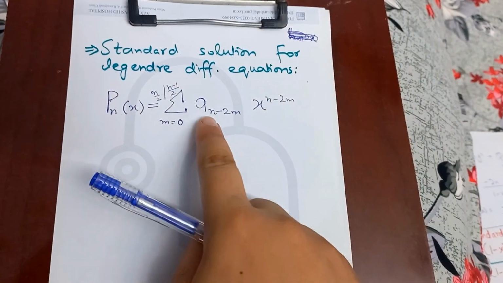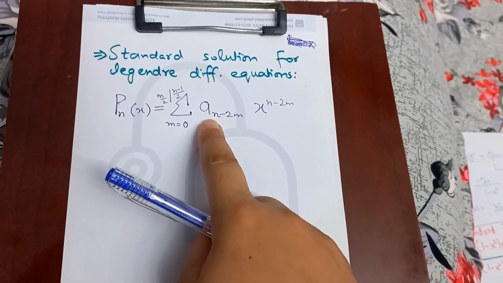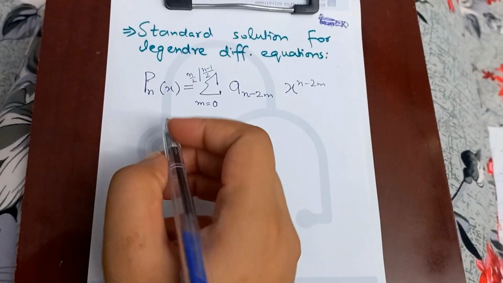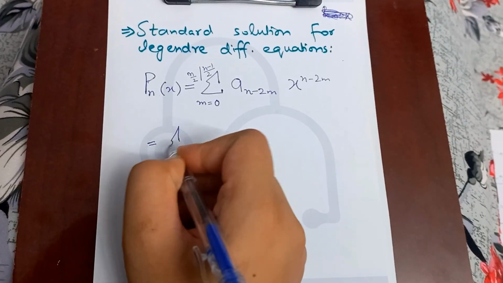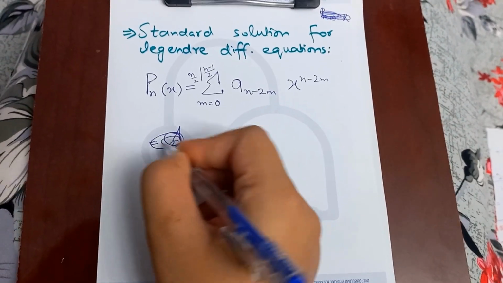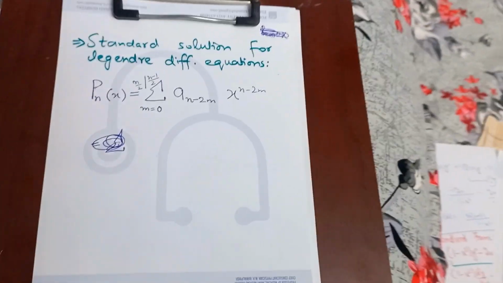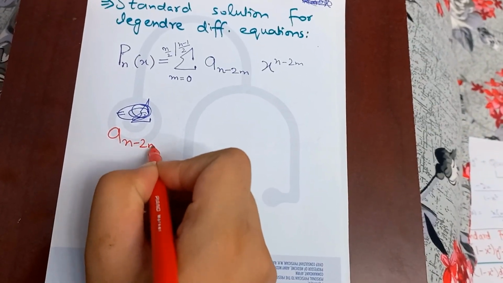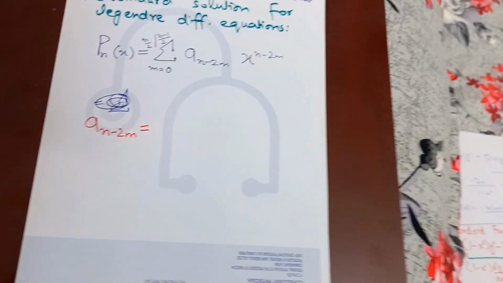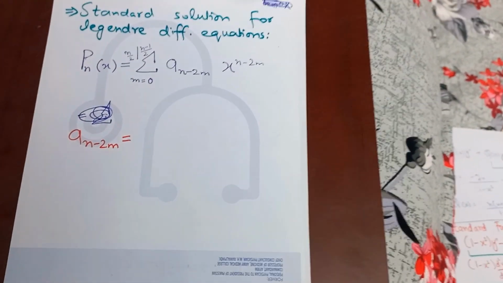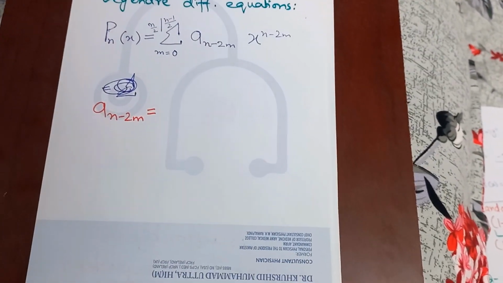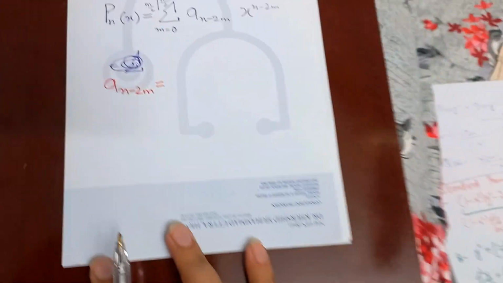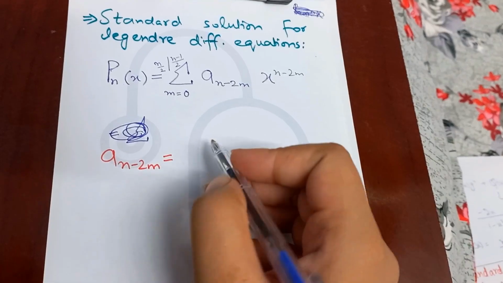Here what we normally do is put the value of the a n minus 2m coefficient right into this equation. Let me first write separately what is a n minus 2m. This is actually the recursion formula. The recursion formula helps us determine the values of all the coefficients. That's a general formula.